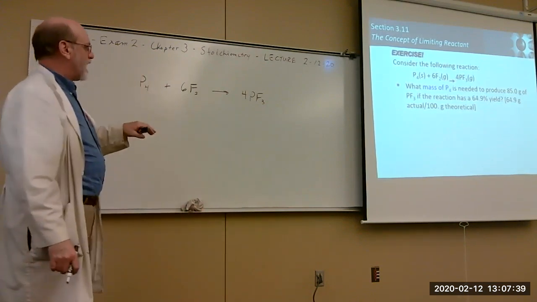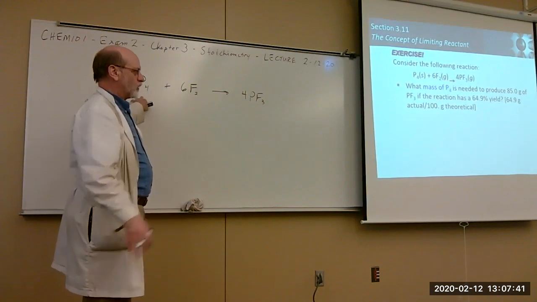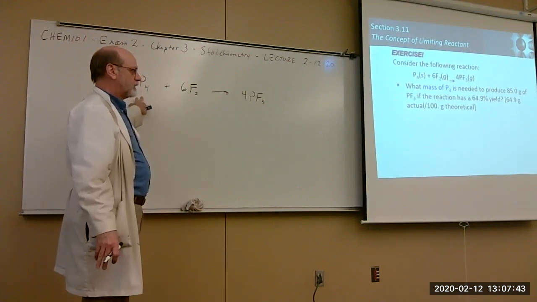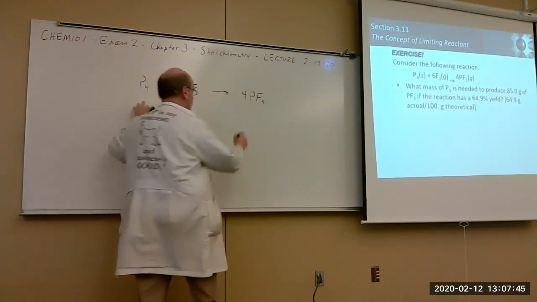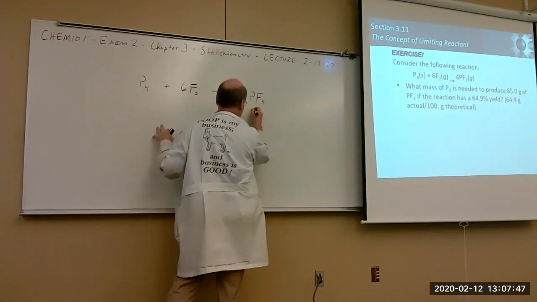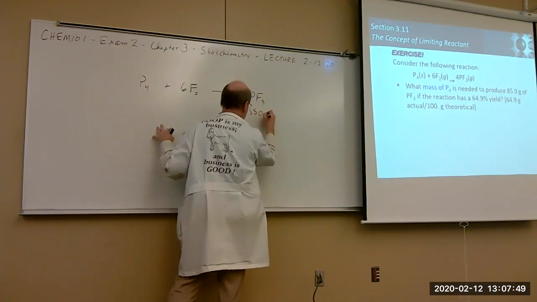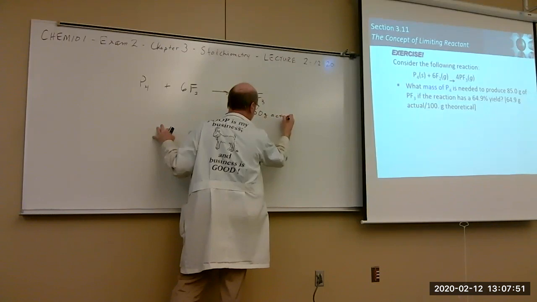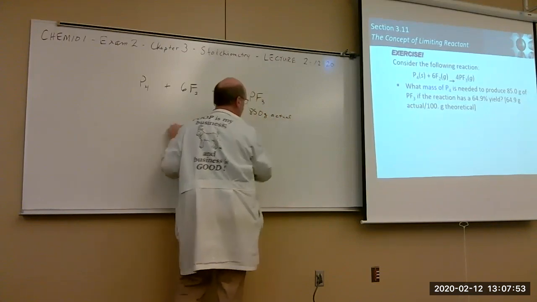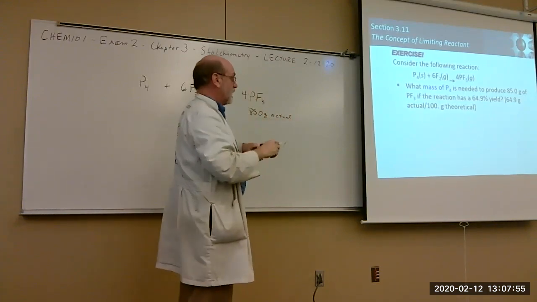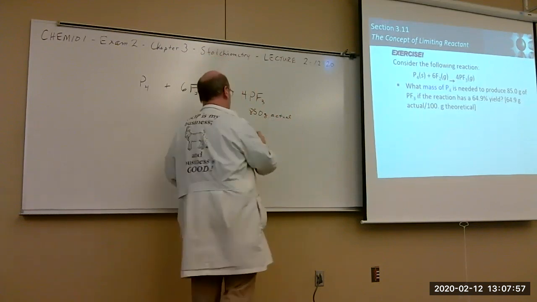We want to know what mass of P4 we need to start with to produce 85 grams of this. That's the actual amount that we want. And we know the reaction is based upon a yield of 64.9%.